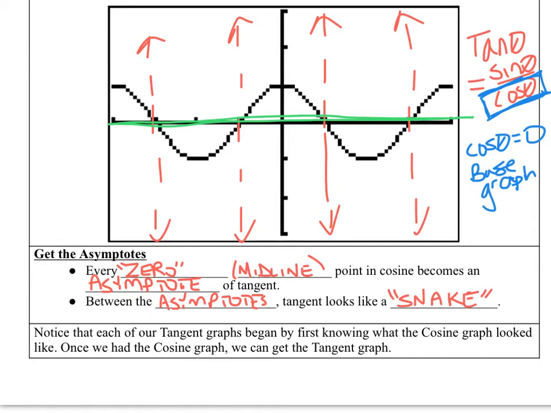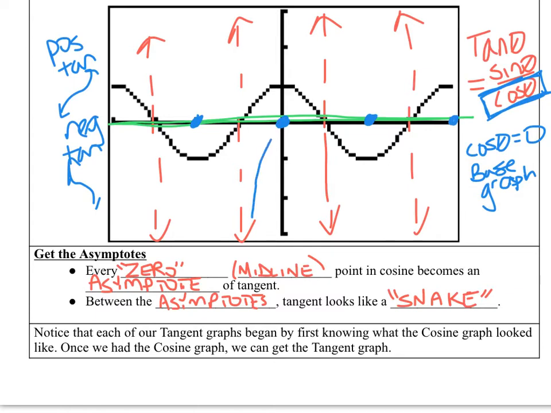We go in between the asymptotes on the midline, and that's going to be the center of each part of my tangent graph. And then positive tangent snakes up. It's sort of cubic-y. Negative tangent snakes down.